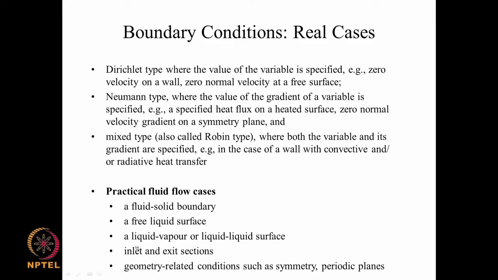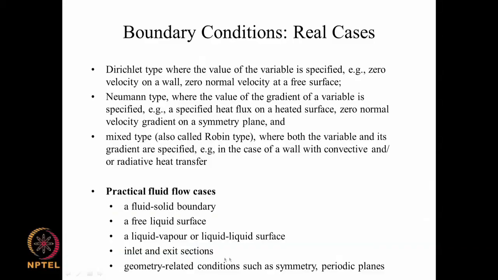And you can also have special geometry related boundary conditions. For example, what we have as typically inlet and exit sections. At the inlet you have flow coming in, or you have a pressure of so much, and that induces flow from outside into the domain. And exit is that there is essentially a passage for the flow to go out, exit the computational domain.